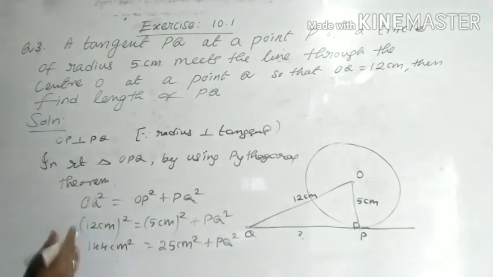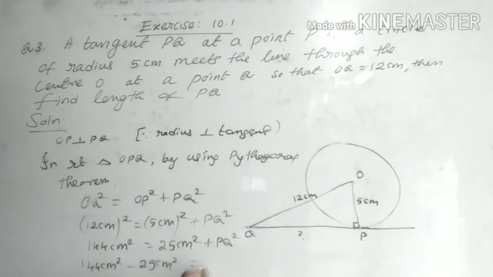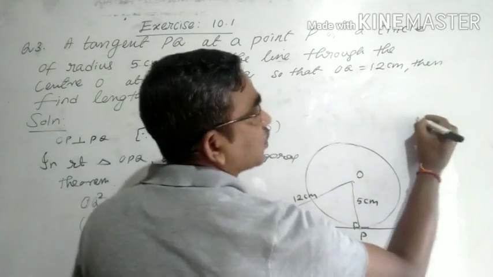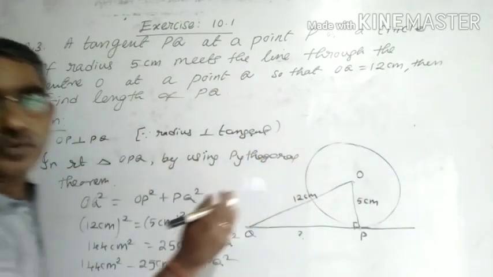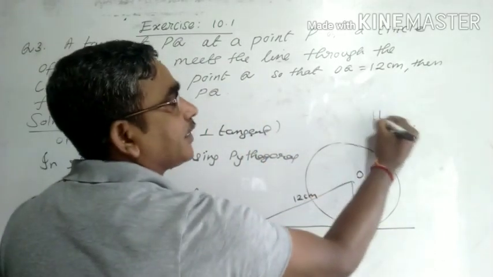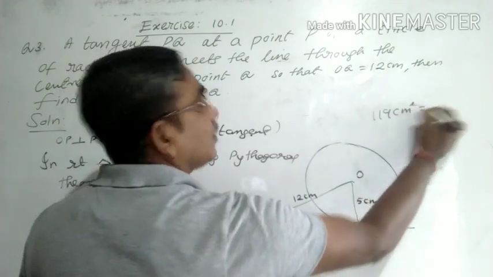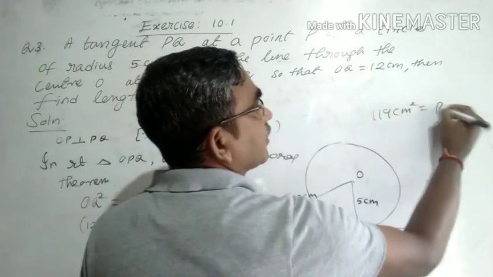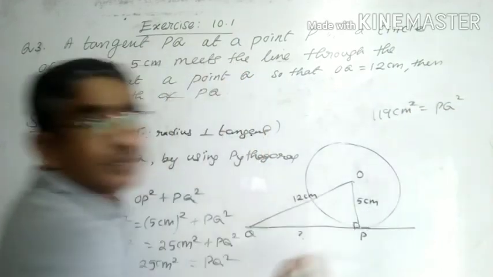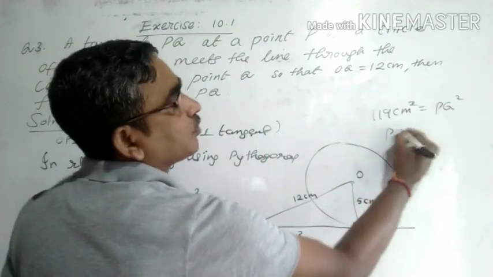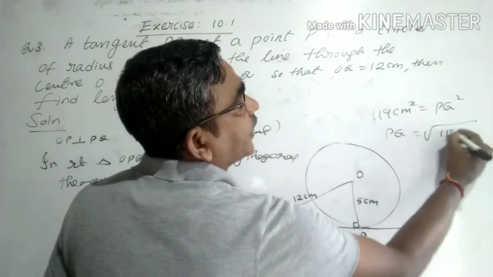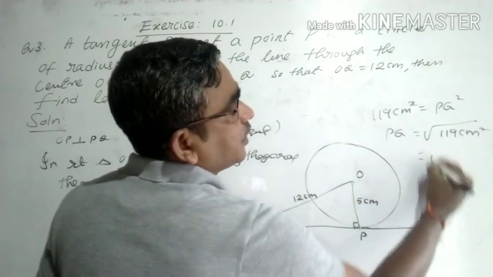So 25 can be transferred here: 144 cm squared minus 25 cm squared is equal to PQ squared. 144 minus 25 is 119 cm squared, equal to PQ squared. So PQ is equal to the square root of 119 cm.